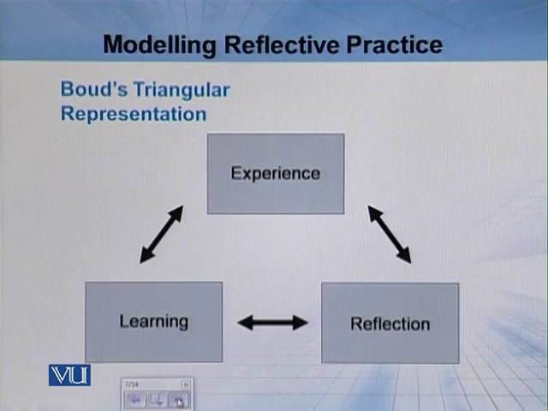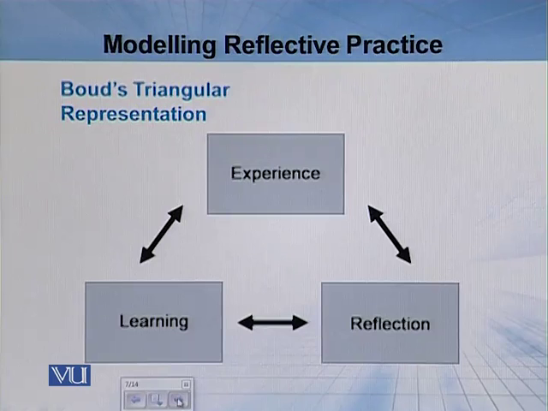It's a very simple representation: experience, reflection, and learning. Booth's idea is that the reflective cycle is there, and it can be clockwise or counterclockwise as a reflective process. But clearly we can see that experience and reflection are part of the cycle.